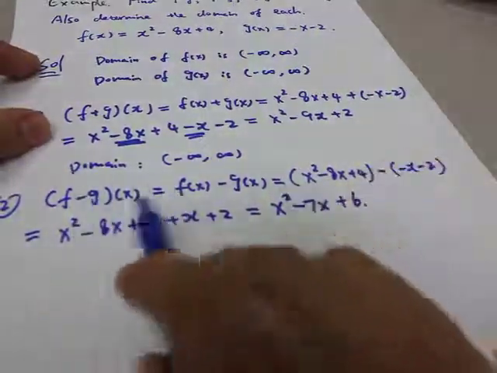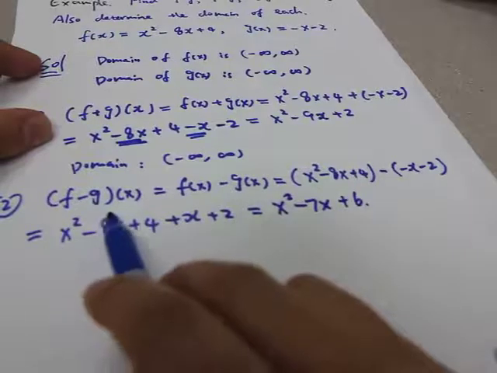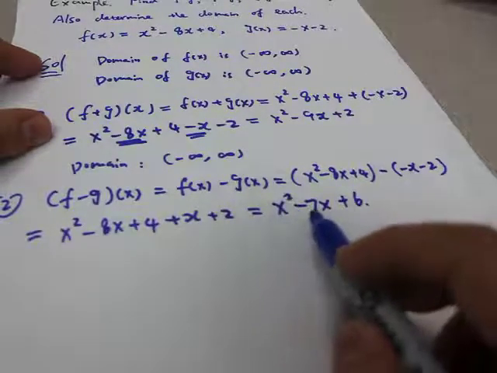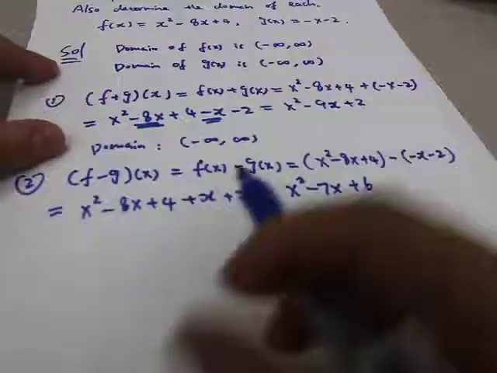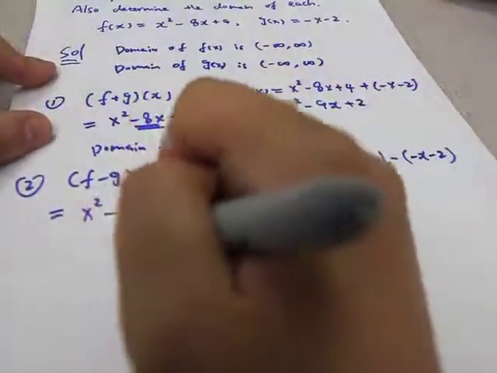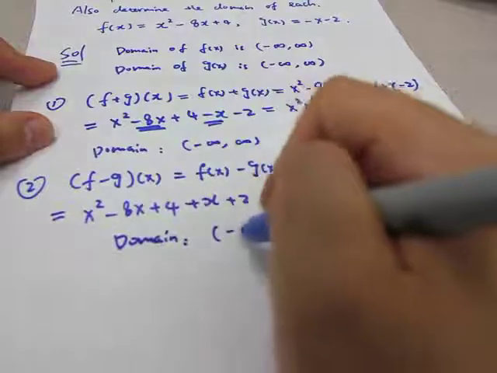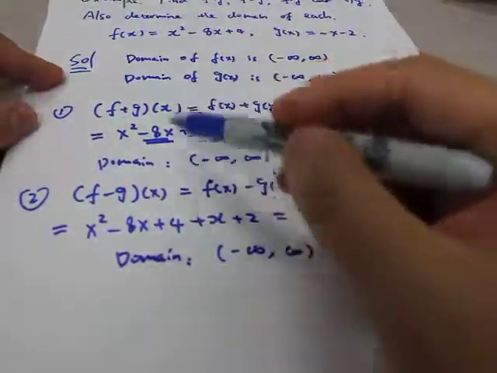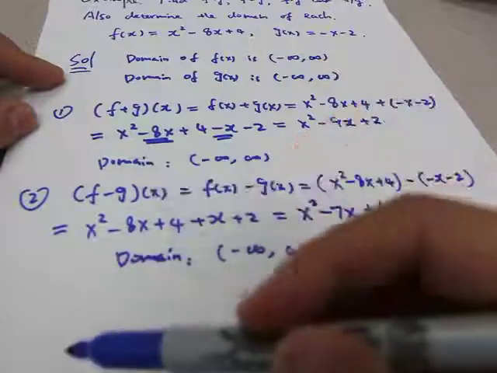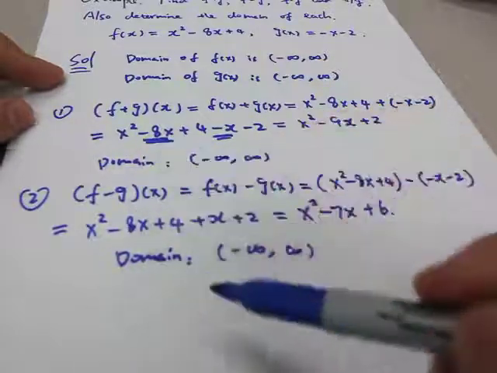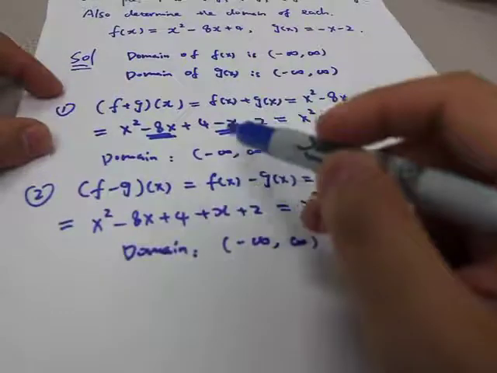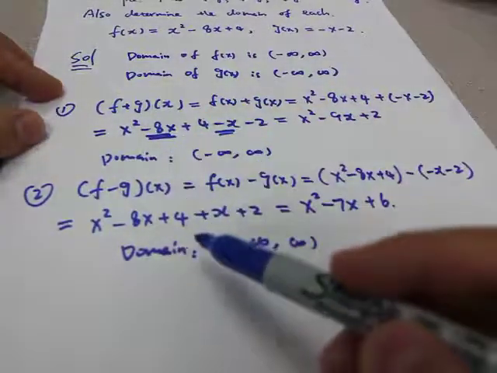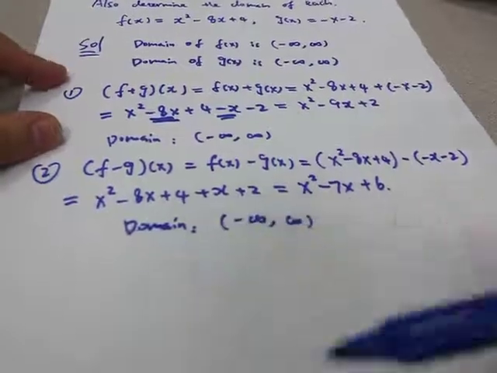So the difference function of f(x) and g(x) is defined by x squared minus 7x plus 6, and the domain is from negative infinity to positive infinity, because the domain of the sum and the difference and the product, they are the same. So once you find the domain of the sum, you can use it as the domain of the difference and as the domain of the product.